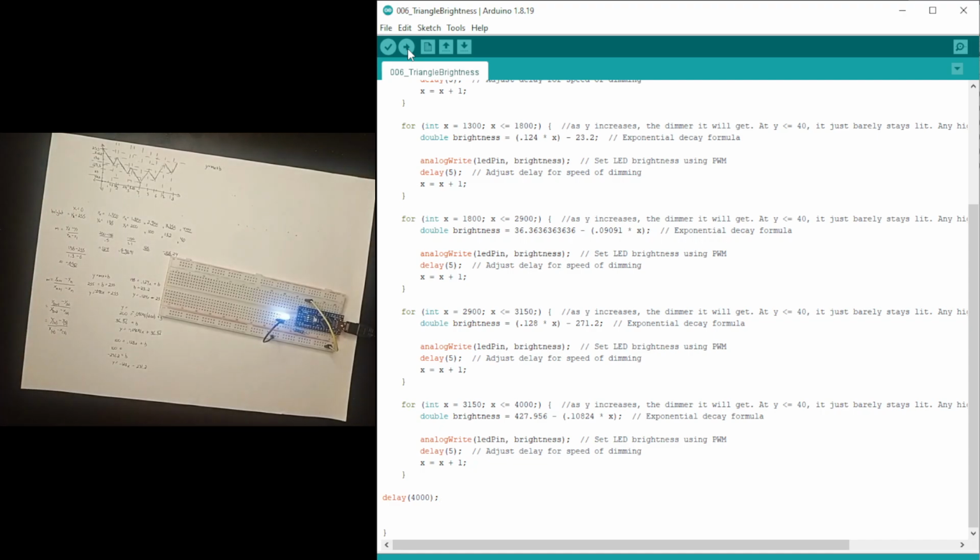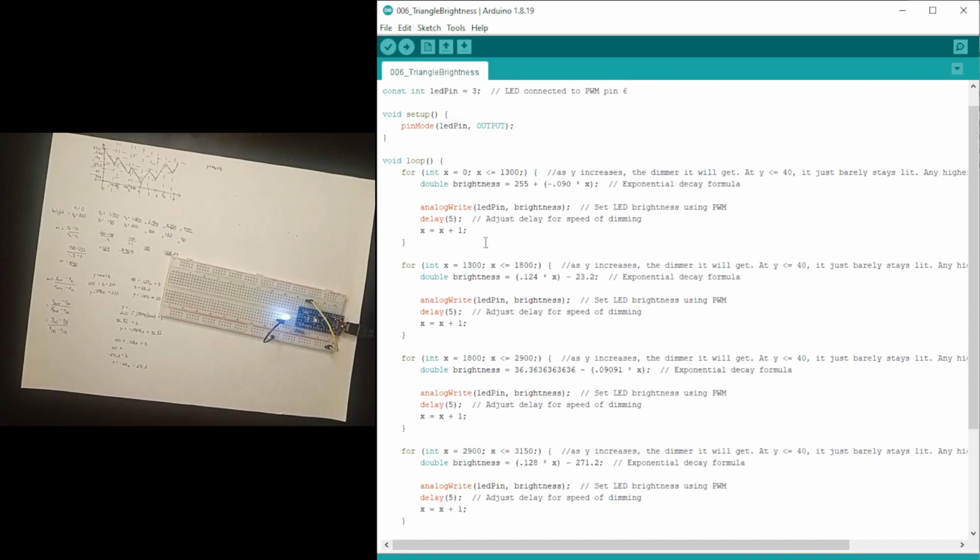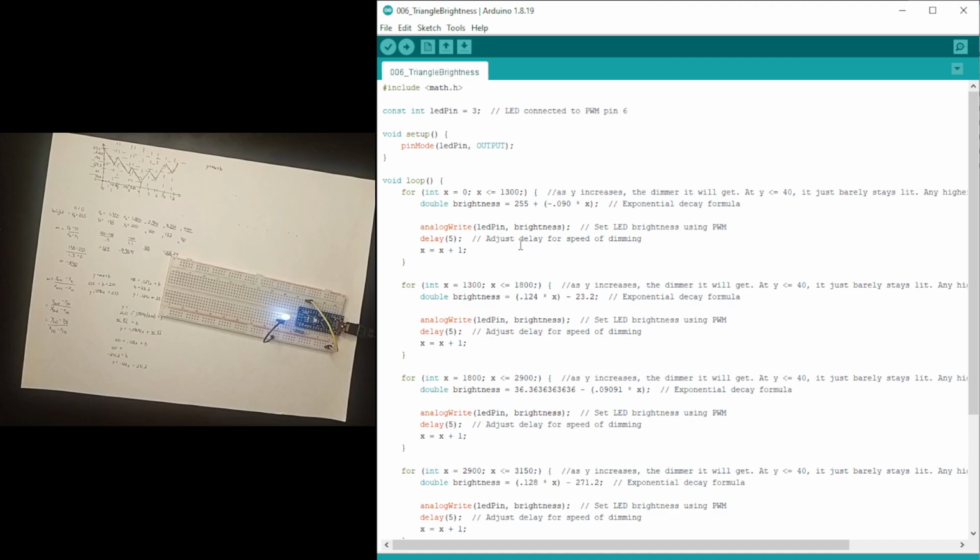I said it in the previous. Adjust delay for speed of dimming. For speed of dimming. So 5, I guess, is slow.